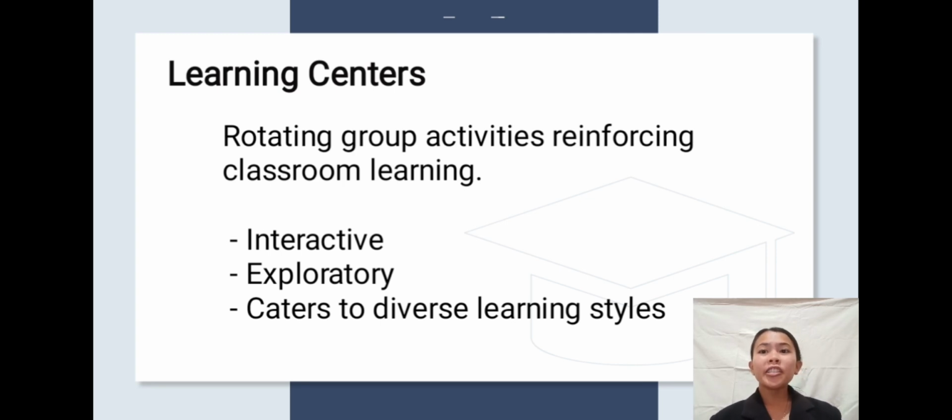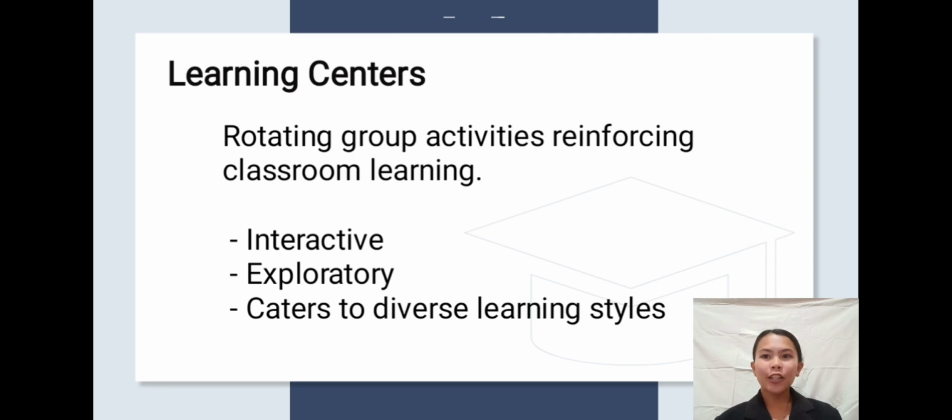Learning centers offer interactive, exploratory activities and reinforce classroom learning. It's like setting up different stations, each focusing on a different aspect of the same concept.